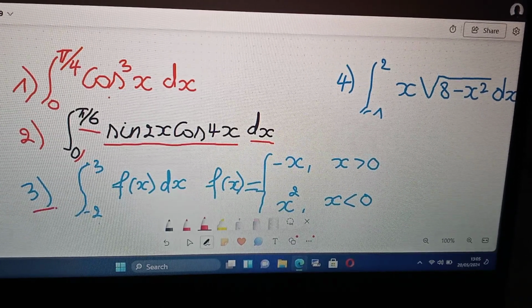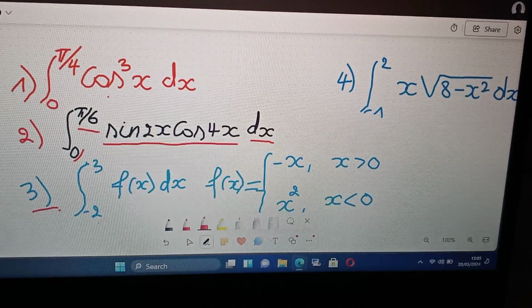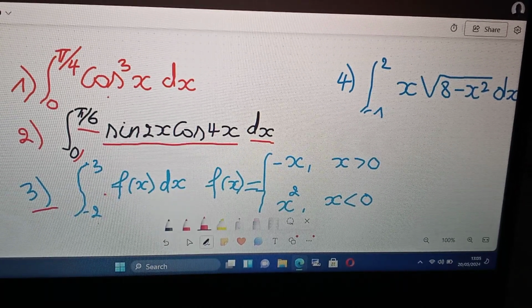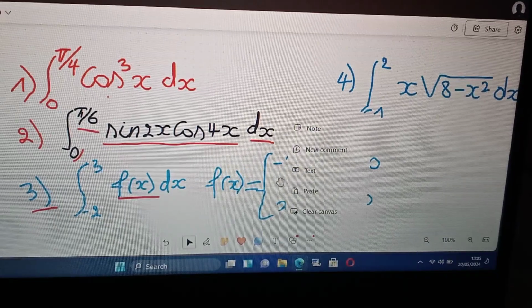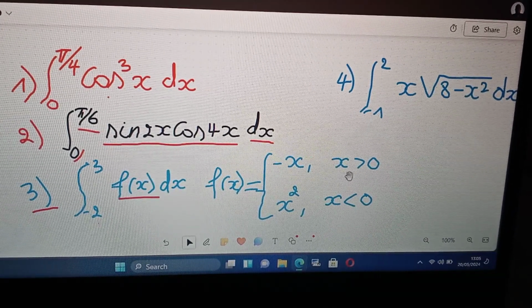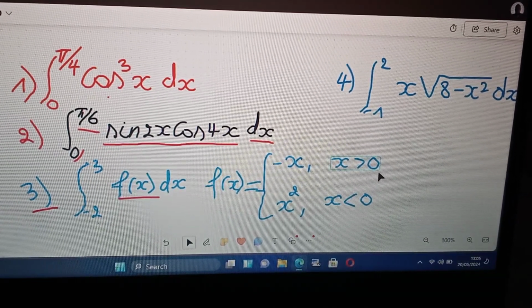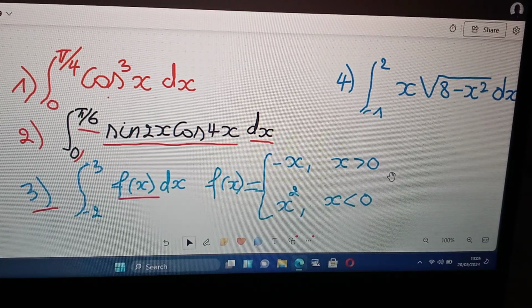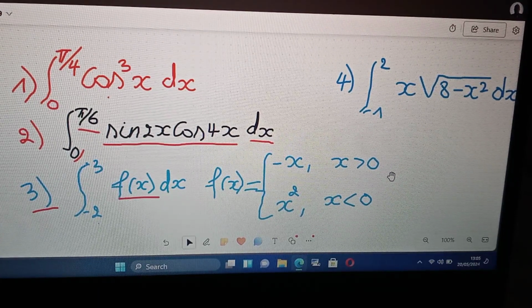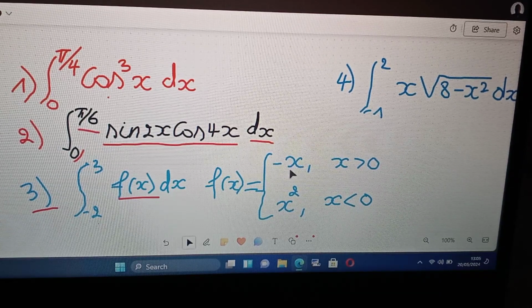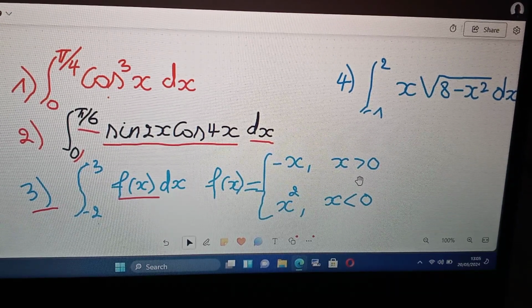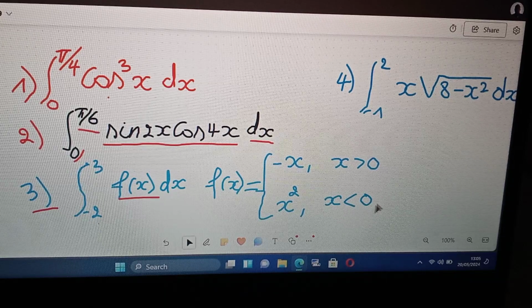Number 3 is to integrate a piecewise function, where we have f of x equal to minus x for x less than 0. Here you must identify which lower boundary and which upper boundary. You may start by our piecewise function being minus x and x square from those boundaries.